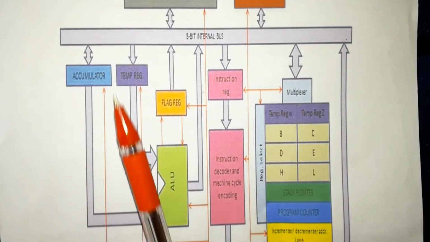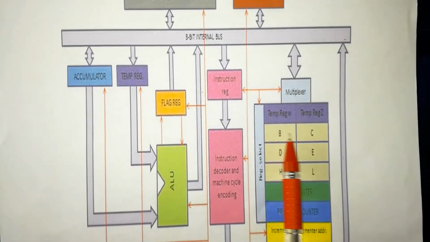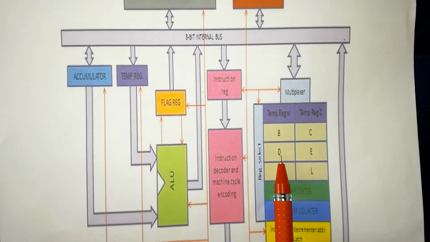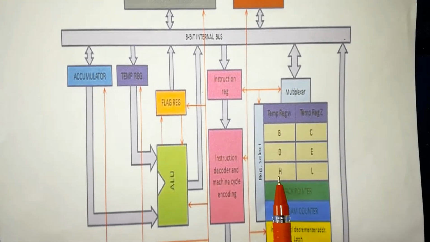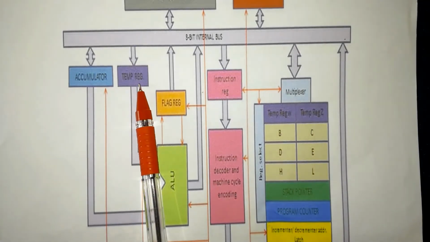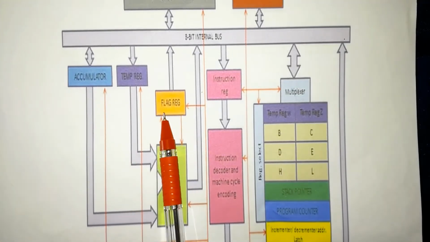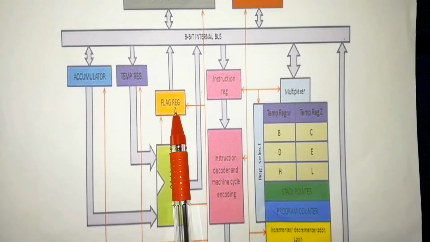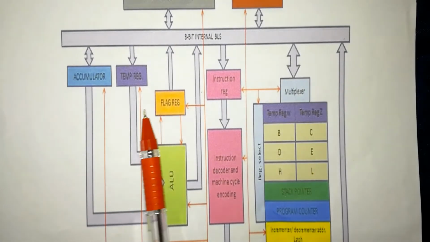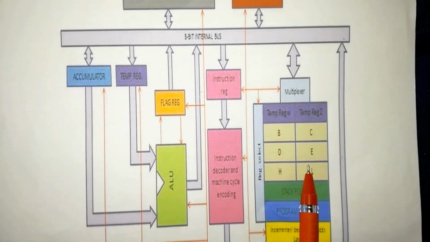The general purpose registers are accumulator, register B, register C, register D, register E, register H and register L. Also, this is temporary register which is also 8-bit register. Flag register, it is also called as status bit register and that is 8-bit register. So, accumulator, temporary register, flag register, BC, DE, HL, all these are general purpose register, all are 8-bit registers.